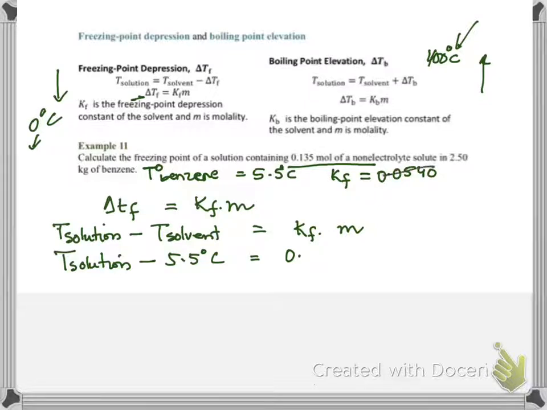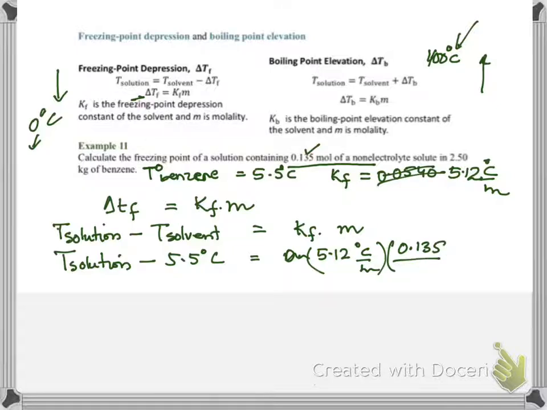That Kf value, I'm sorry, I said it wrong, is 5.12 degrees Celsius over molar, my bad. And molality is moles of the solute, which is given here in moles, divided by the kilograms of solvent, again given in kilograms, 2.50.